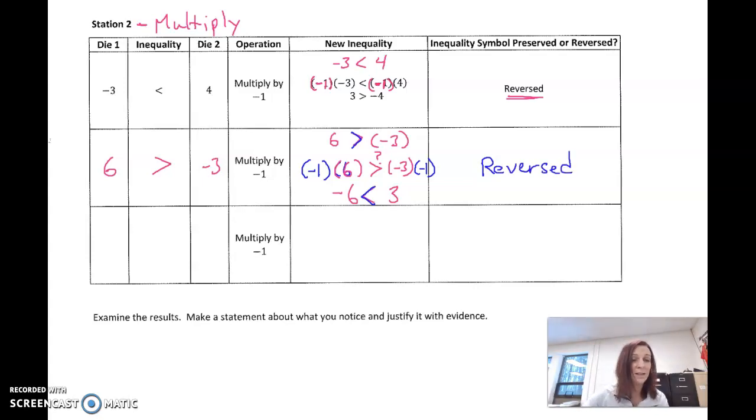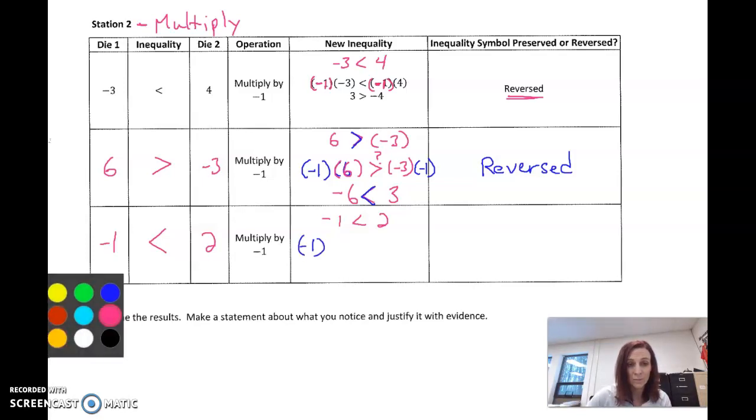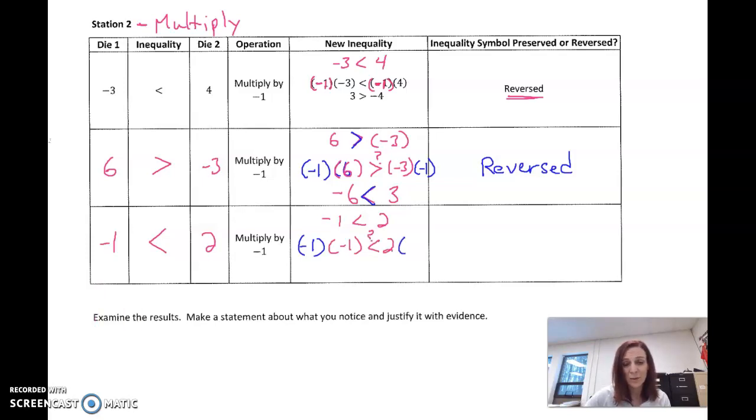Let's do one more. Let's say I rolled the dice and I got a -1 and a 2. So -1 is less than 2. And this time too, I'm going to multiply by a -1. Is -1 times -1 still less than 2 times -1?